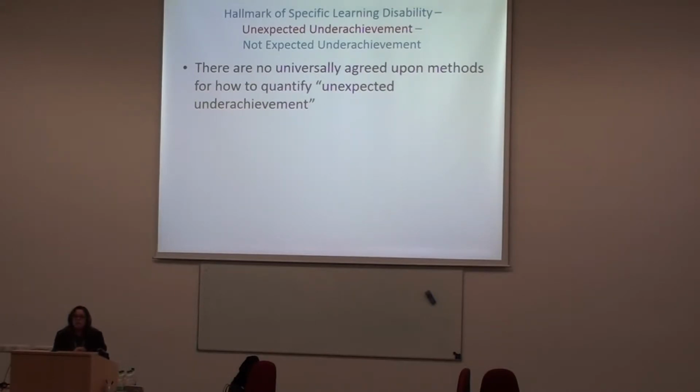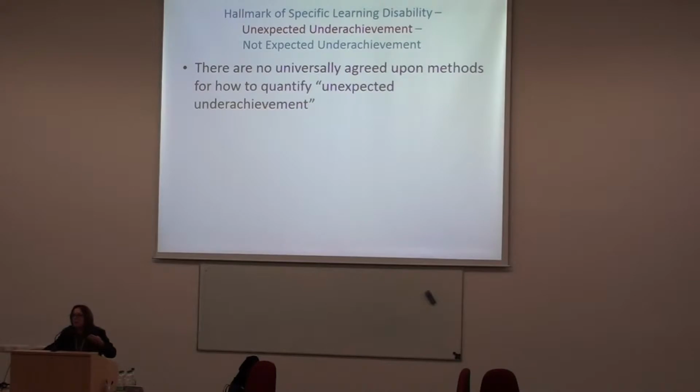And those processing deficits that are consistent with your specific academic skill deficits exist within otherwise normal ability, otherwise average ability to think and reason. And so individuals with specific learning disabilities think and reason like typically achieving peers. But they struggle mightily in certain areas, and that's because of their very specific cognitive processing areas. So the hallmark of a specific learning disability is unexpected underachievement.